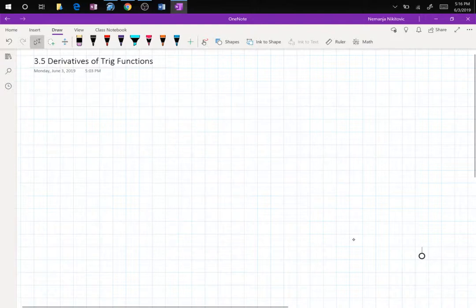So to start off, we have these 2 special limits which we are memorizing now, and we will discover in chapter 4 at some point how to calculate these limits. So right now we just memorize them. Special limits.